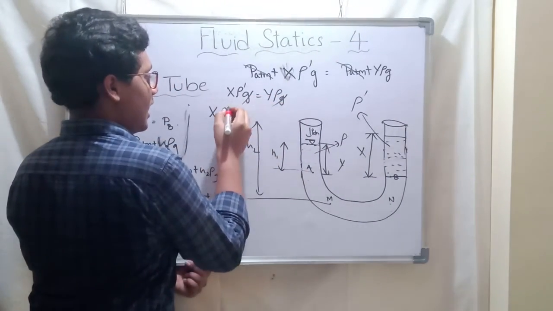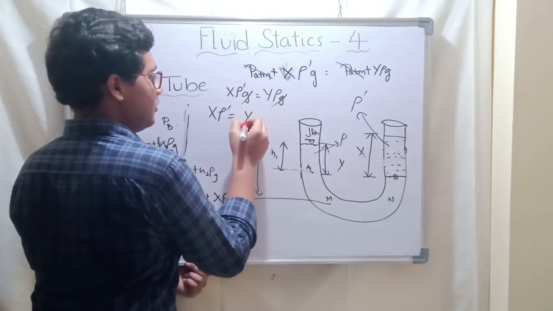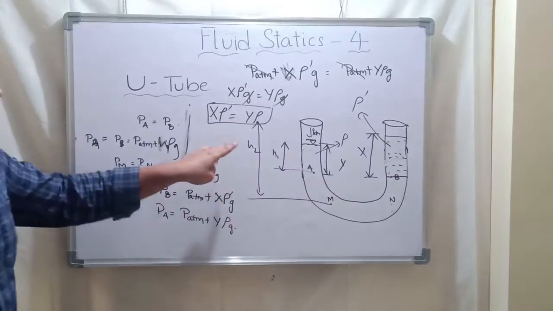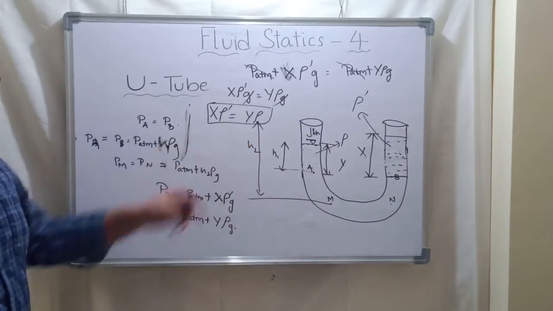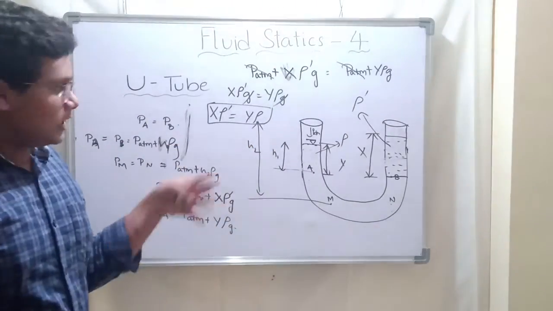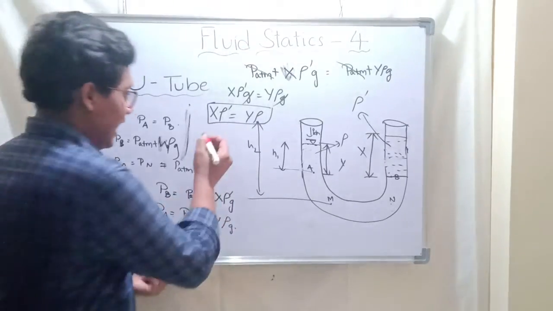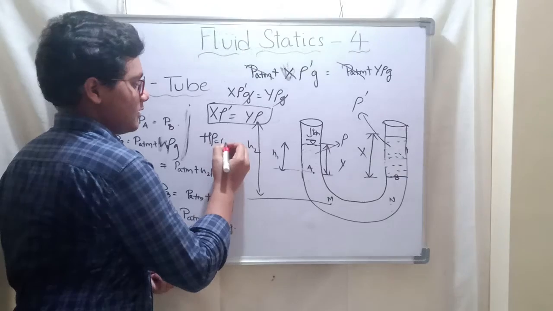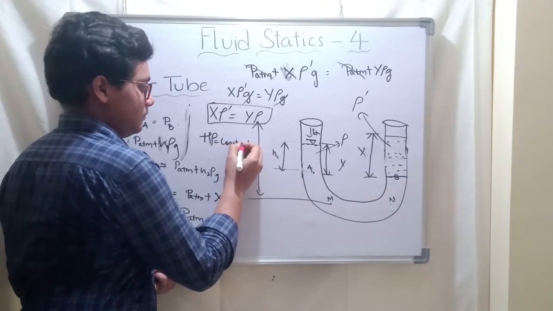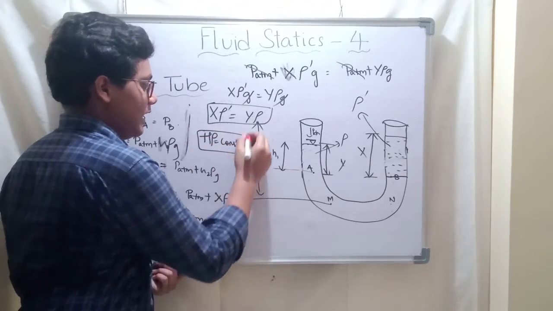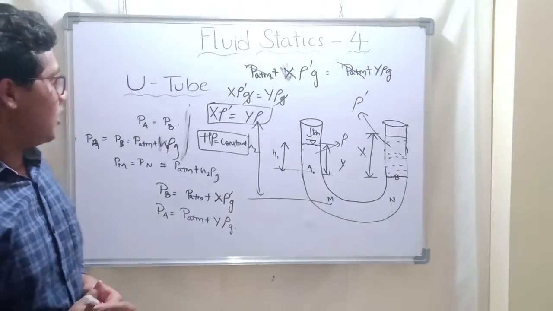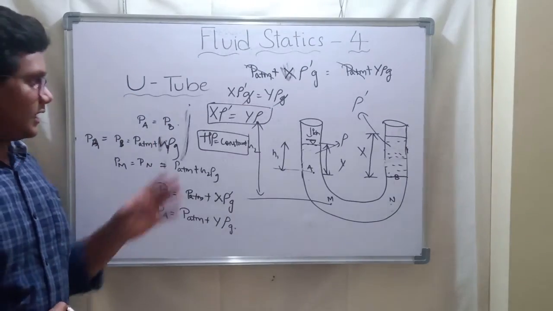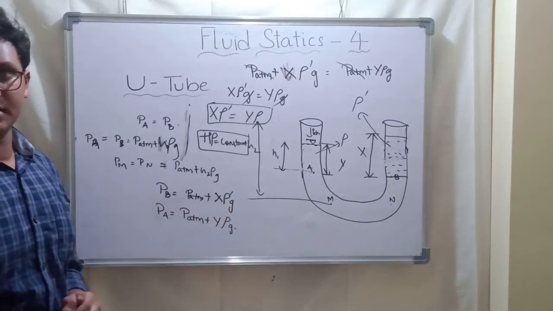So X rho dash is equal to Y rho. This statement represents that in a U-shaped tube, the height into density is constant. Height into density is constant. That says in a U-shaped tube. That is the distribution in a U-shaped tube.